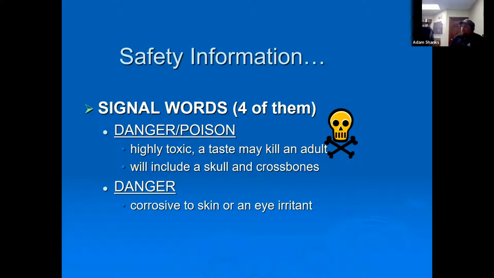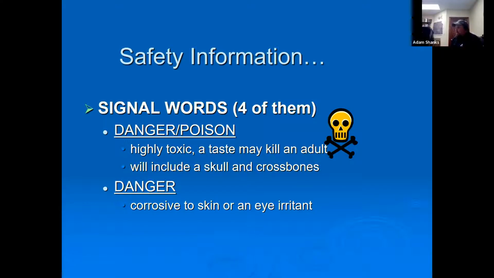So you'll see on there four main signal words, and these tell you the immediate risk or danger of that product. At the highest risk is danger/poison. It'll obviously have a skull and crossbones. These are highly toxic.